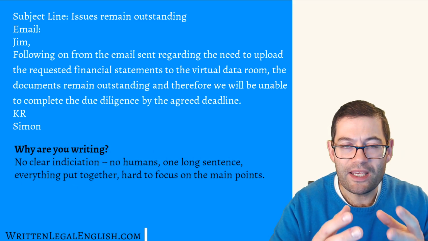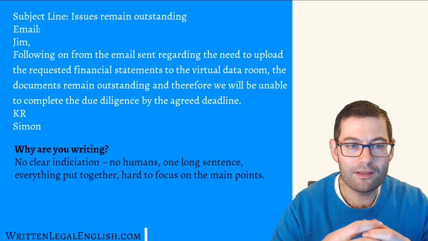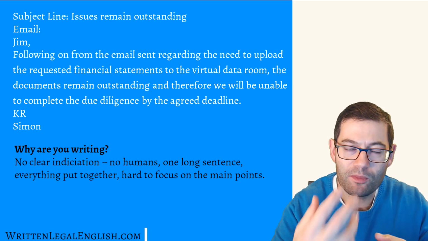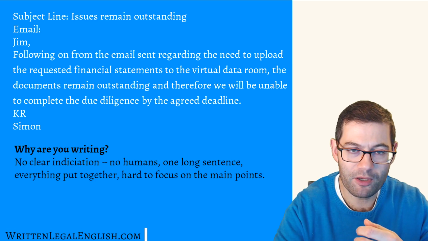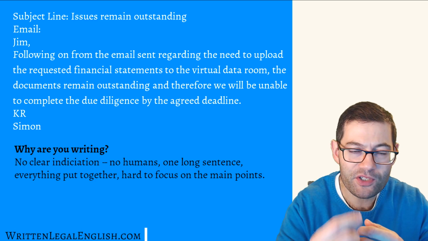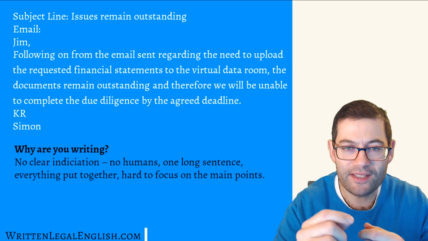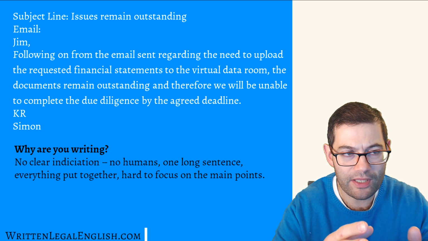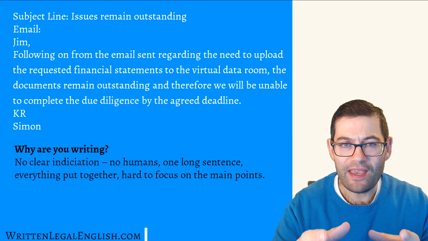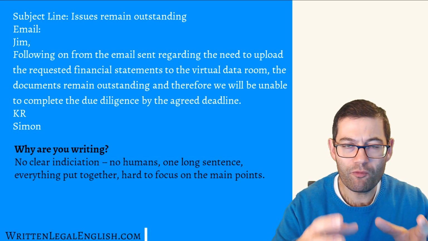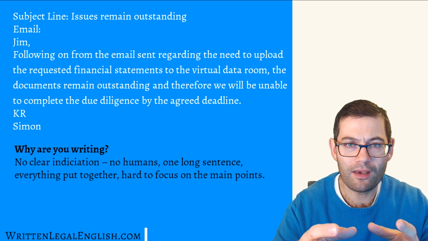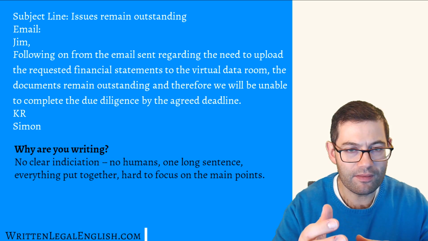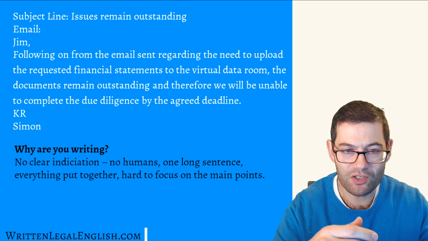The first of the big points is, why are you writing? You write an email to communicate to someone for a particular purpose. You want them to know what it is you're writing about. And if we have a look at the original email, it's very vague or imprecise in the reason why the email is being written. It says, "Following from the email sent regarding the need to upload the requested financial statements to the virtual data room."